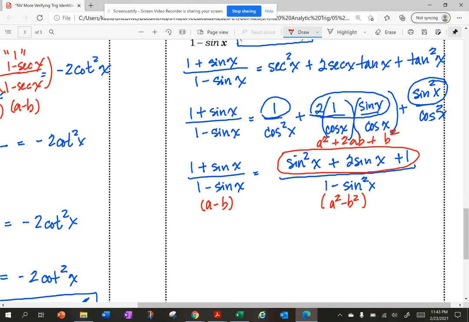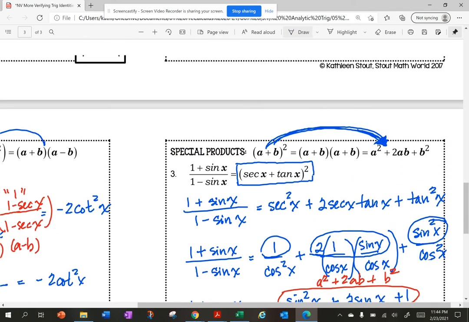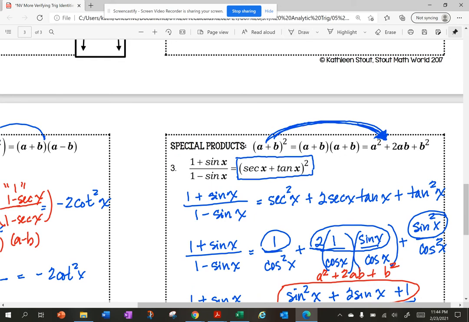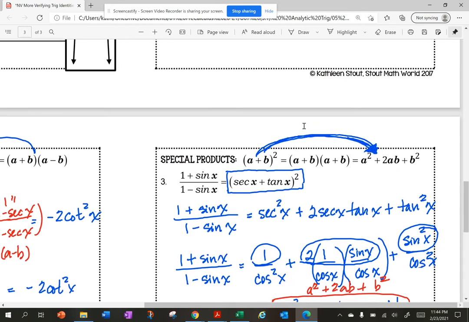Okay, so I'm going to do nothing to the left-hand side. So to the right-hand side, so I have on the left 1 plus sine of x over 1 minus sine of x. I'm going to take this multiplied form out, and I'm going to recognize that I have this case over here, but I want to factor it because I'm going to try and simplify.